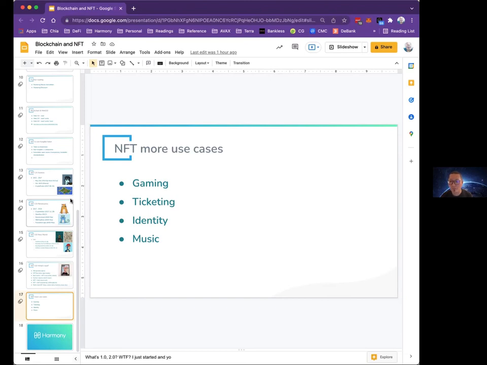We used to own music by buying a CD or a tape, and those were the main media you could own music on. But now most people just buy music from iTunes, or don't even need to buy music, they just stream it, right?